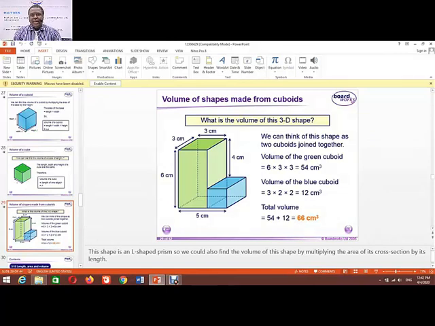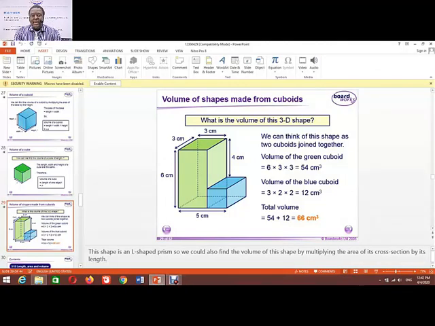To finish, we are going to talk about the volume of shapes made from cuboids. As you can see on the screen, we have two cuboids put together to make a shape. What is the volume of this 3D shape? We can think of this shape as 2 cuboids joined together.